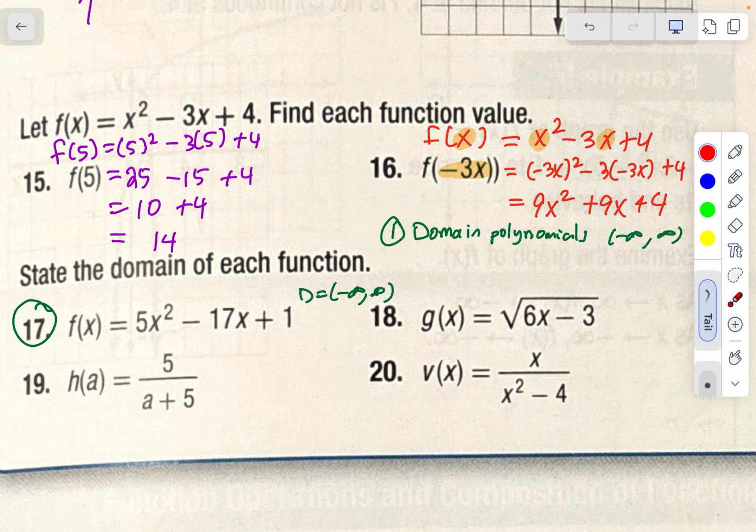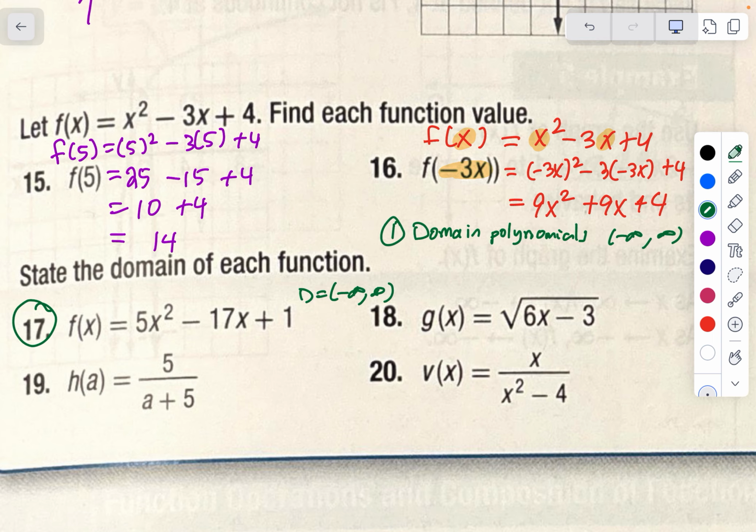There is no restriction. So polynomials are like 5x squared plus 7, or minus 17x plus 1, x plus 2, 4x squared plus 3x minus 6, 5x to the 4th plus 3x minus 8. Those are very simple kinds of things that are polynomials. They always have no restrictions. You can plug in whatever the heck you want.